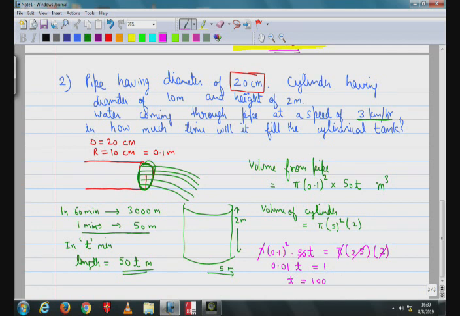So the answer is 100 minutes, or you can say 1 hour 40 minutes. No, Itanagar, this is not the correct answer, and please don't do what you are doing. So the time is 100 minutes. It will take 100 minutes to fill the tank.